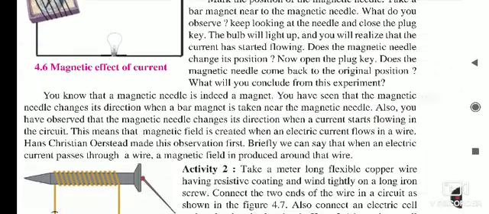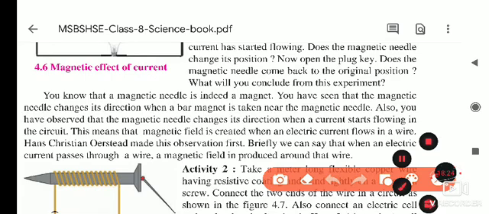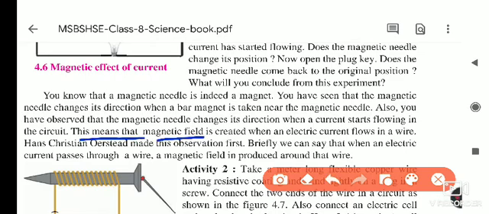You have also observed that the magnetic needle changes direction when a current starts flowing in the circuit. The needle shows the deflection, and this means that a magnetic field is created when electric current flows through the wire.